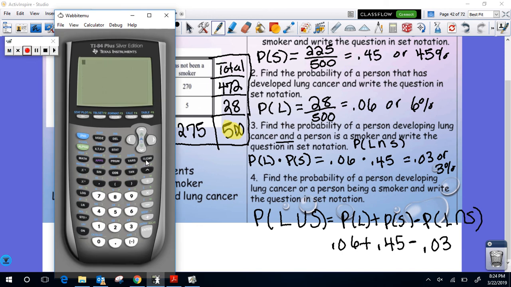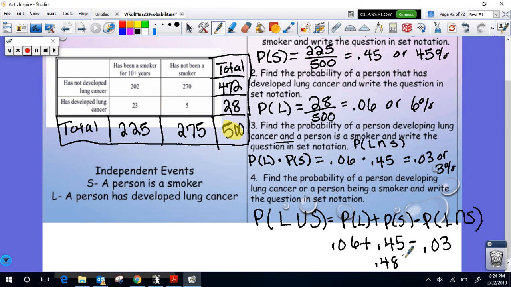And if you didn't have those decimals, then you do those fractions, and then you do the math. And this is going to be 0.48 or 48%. Okay, so we're done with that one.